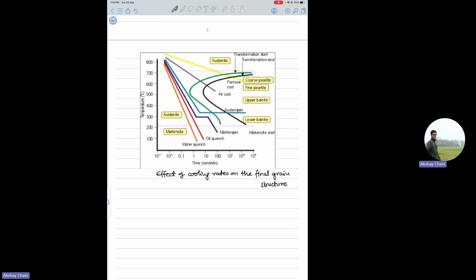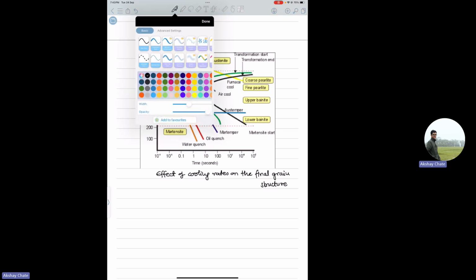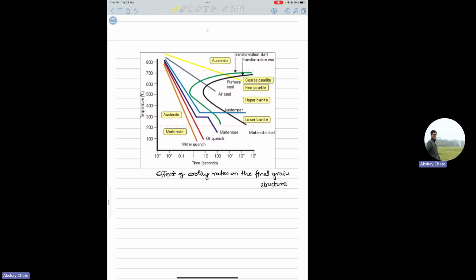You see here the yellow line at the top, that is your annealing basically. I'll use those colors so that you may be able to correlate them later. So this process is annealing, because you see the cooling rate is very slow, since you are cooling it in the furnace.